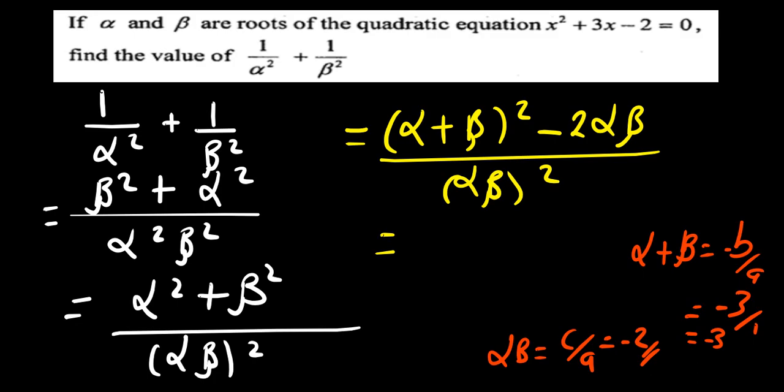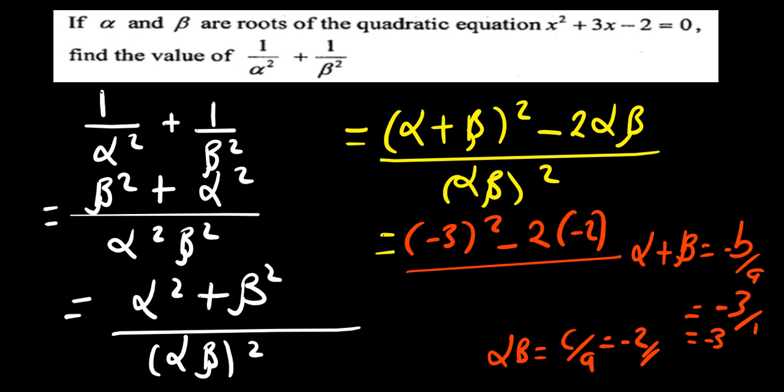So we found that alpha plus beta, the sum in this case, is negative 3, then this is squared, minus 2 times alpha beta, the product, which is negative 2, over alpha beta, the product again, to be negative 2 squared, like that.